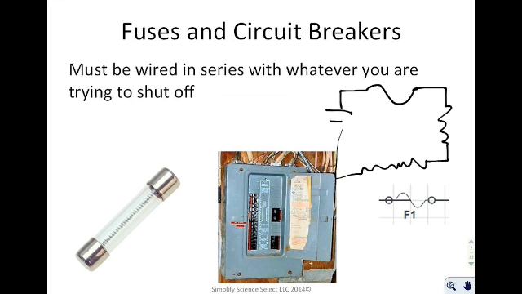This fuse or circuit breaker is wired in series with everything else, so that if this thing breaks, everything else is turned off. It needs to be done that way because if you were to wire it any other way, there would still be electricity going to whatever is overloading the circuit to begin with. So these safety devices have to be wired in series.